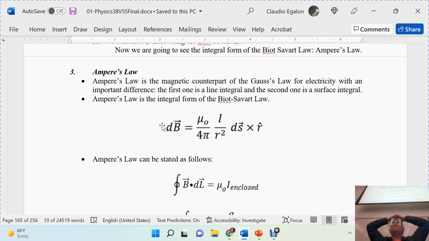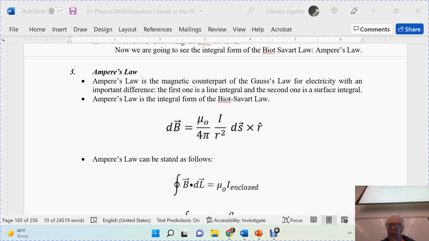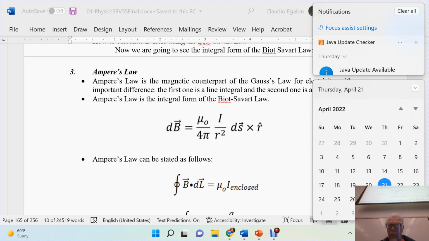Check the date. I believe I put the date for the exam. I changed it here in the classroom last time, right? I don't remember the exact date. I believe I put a deadline for the 28th.